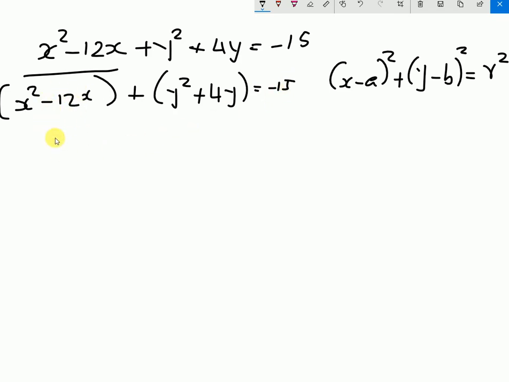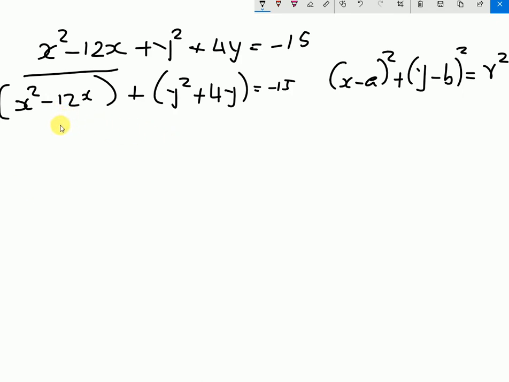People, do you still remember something in grade 11 called completing the square? Do you still remember that? You complete the square here.